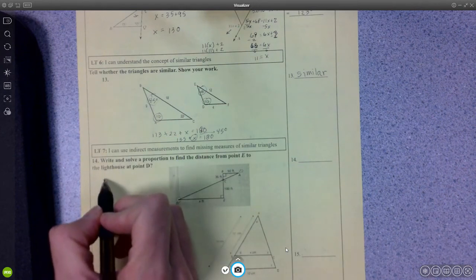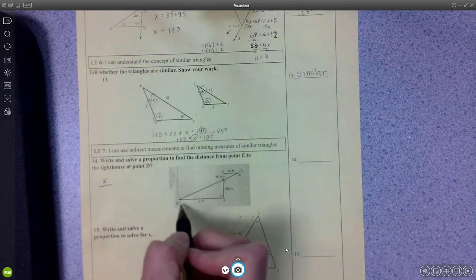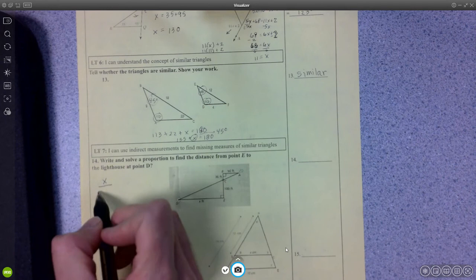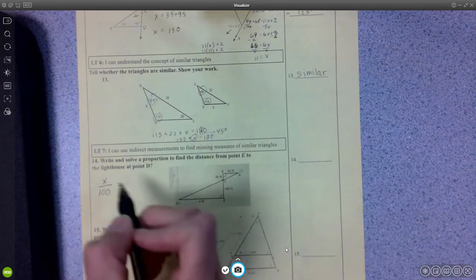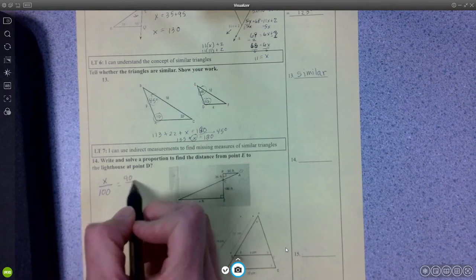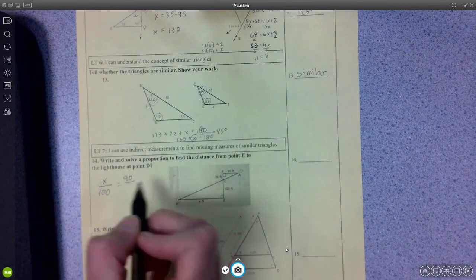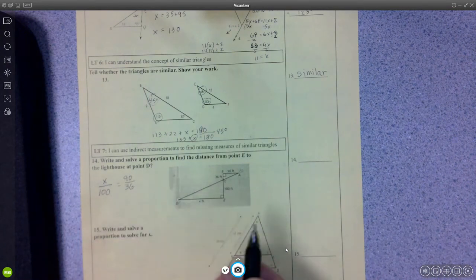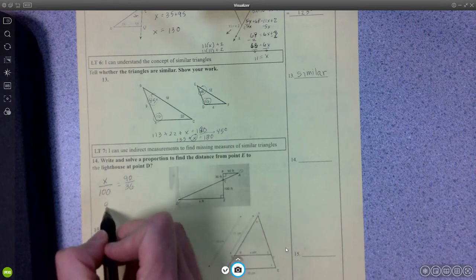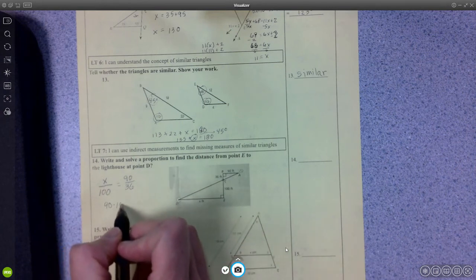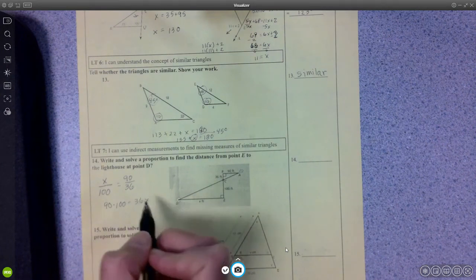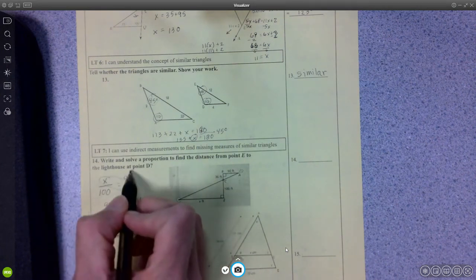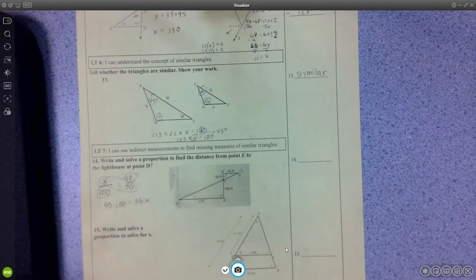I'm going to say the x I'm trying to find, the long length, is to the 100, the short length, as the long length on the other triangle is to the short length. And so however you set it up, you're going to want to do cross products of 90 times 100 equals 36x. Cross products are equal in proportions.